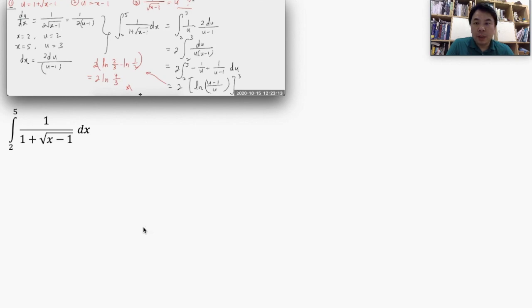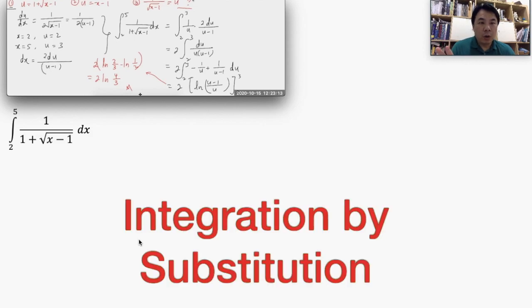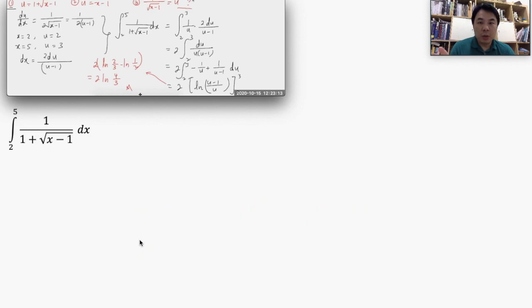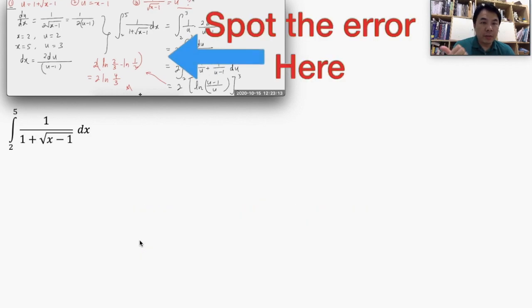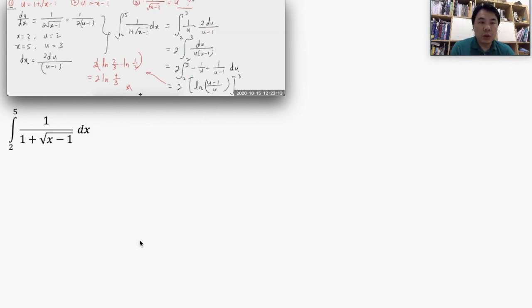There are three different choices of substitutions that we can use here. So just look at the topics below. We are on integration by substitutions. We're going to spot the error on the left hand side. There are three types of choices for substitutions.